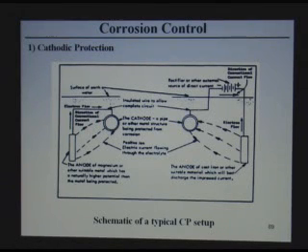Actually the electron goes this way, the current goes the other way. It is the opposite direction. The electron goes here to give protection to the cathode, and continues here, and the circuit goes through the soil. So this is the principle of cathodic protection, in this case using a sacrificial anode. Yes, they call it impressed current. You are impressing current to the structure.